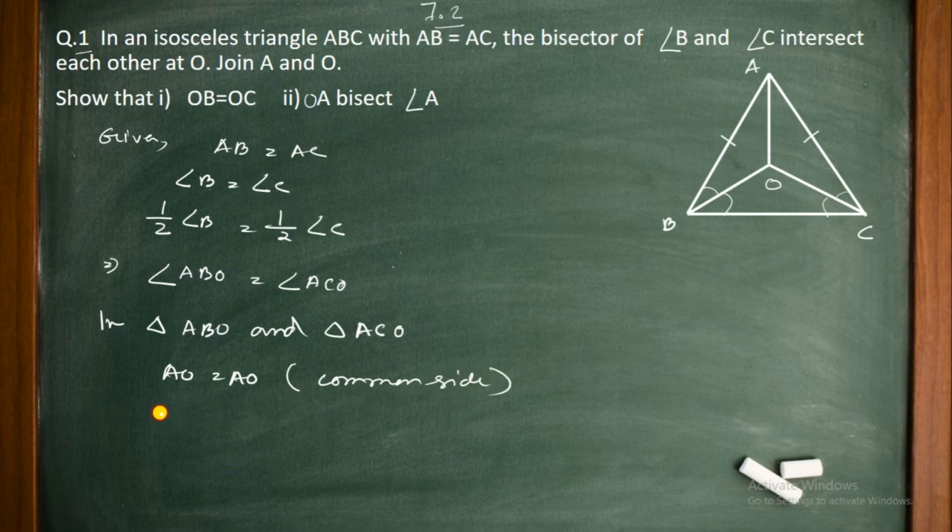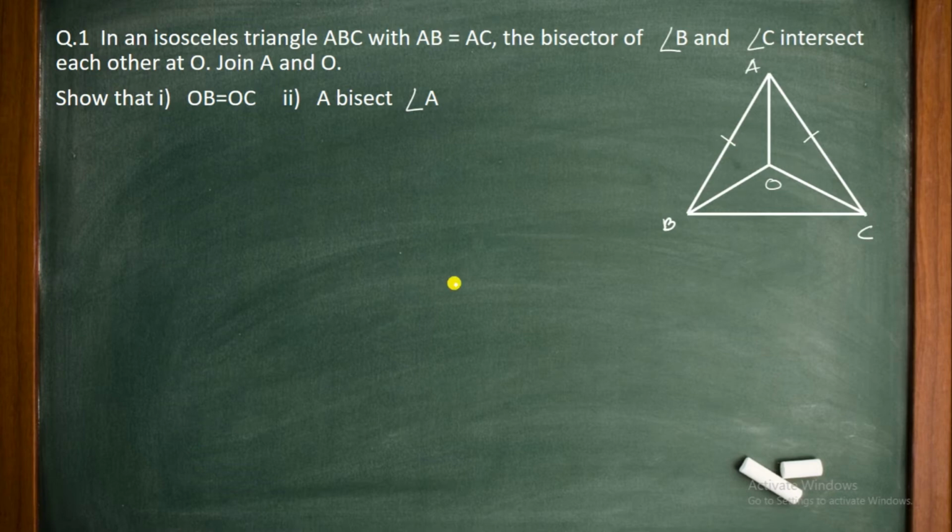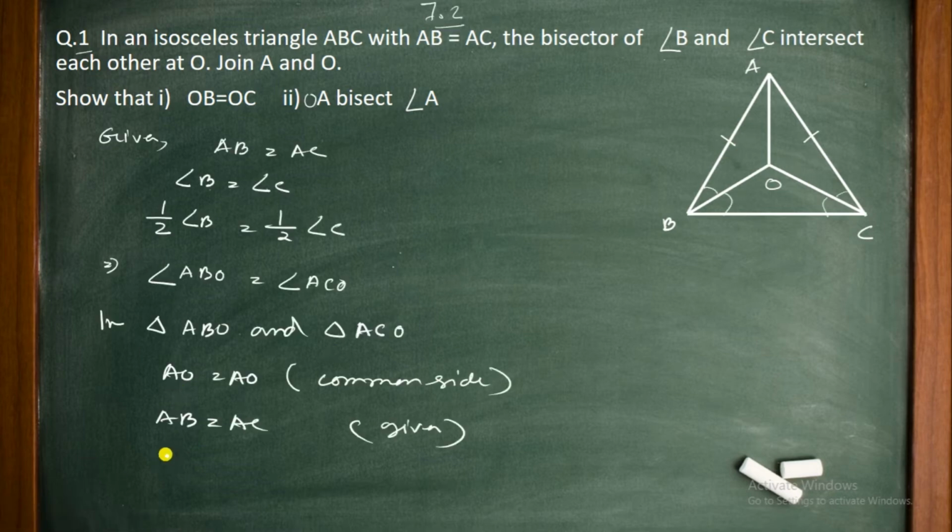And AB is equal to AC is given. This one is given. This side and this side are equal. This one is given. And we have just proved that angle ABO is equal to angle ACO. So we have proved this one.